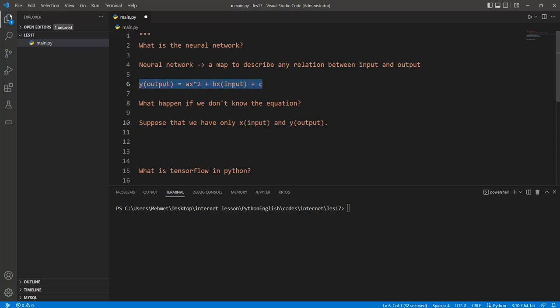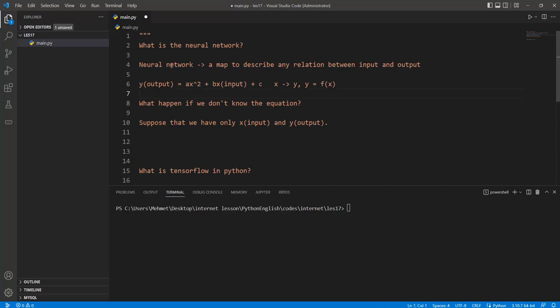In the first case, we have the equation or the compact relation between these two, x to y, so we can generate x dependent y results, or we should define this term y is equal to f dependent on the x. But what happens if we don't know this equation?